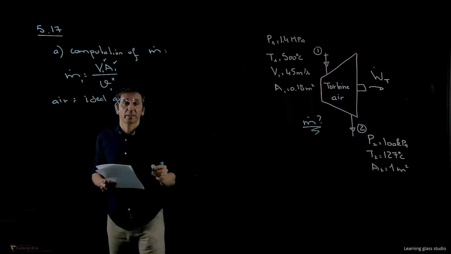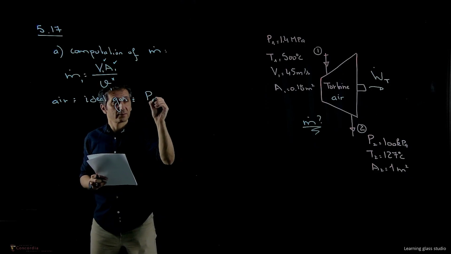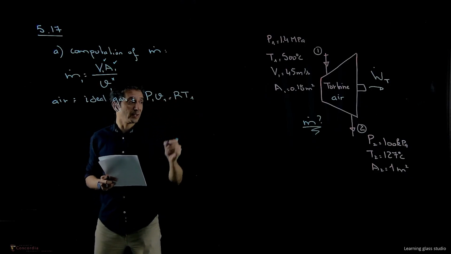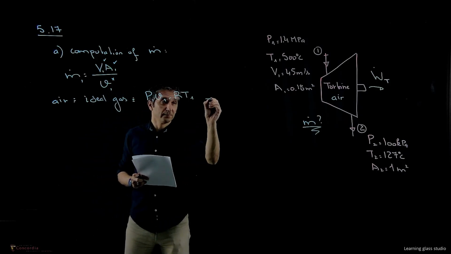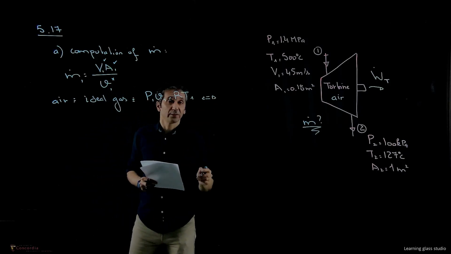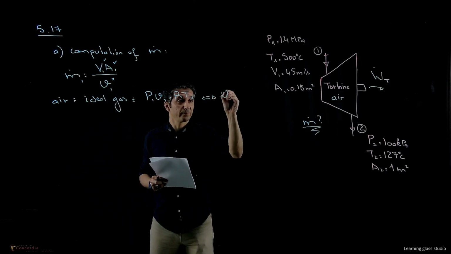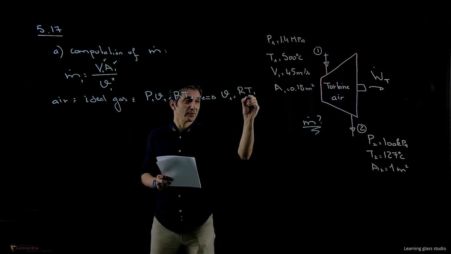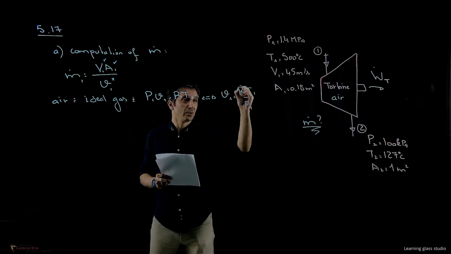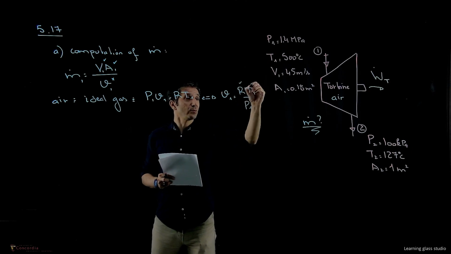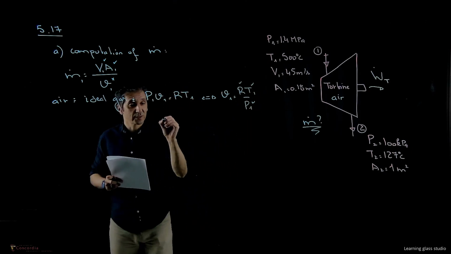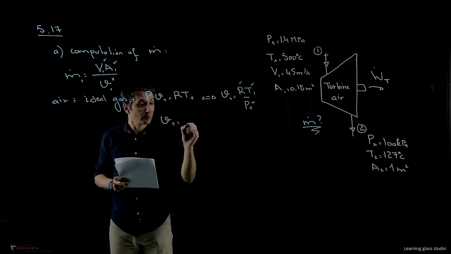So therefore we can write that P1 v1 is equal to R T1. This is equivalent to say that our v1 is equal to R gas constant T1 over P1. We know the gas constant. We have T1 here, we have P1, so we have all the ingredients. So this gives us v1 is equal to what?